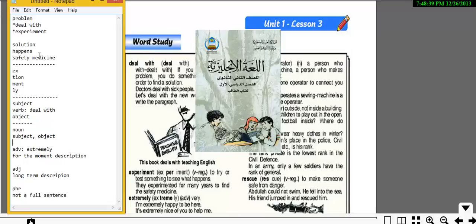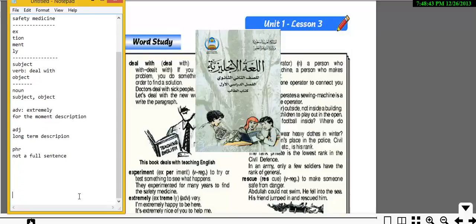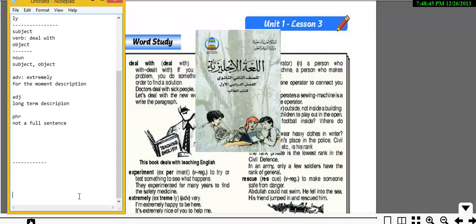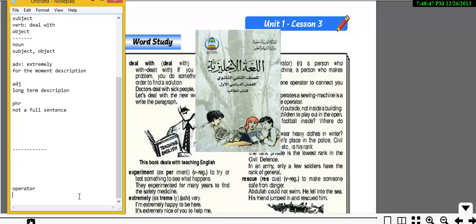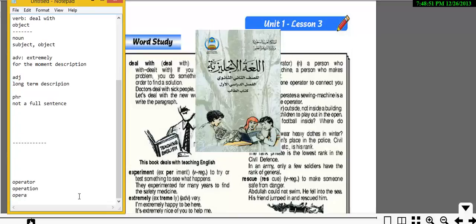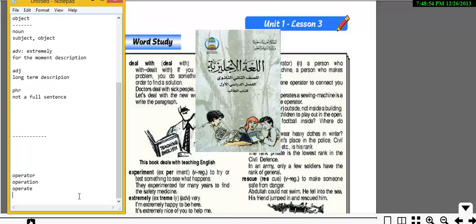So if you can just work this one out with me here. There is operator, and then there is operation, and the verb is operate. Like you use the word operate in the medical field. It's a verb, and operation is a noun, and operator is also a noun.